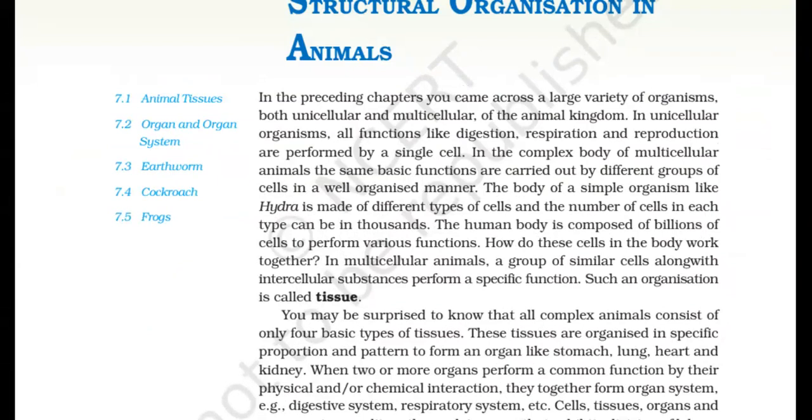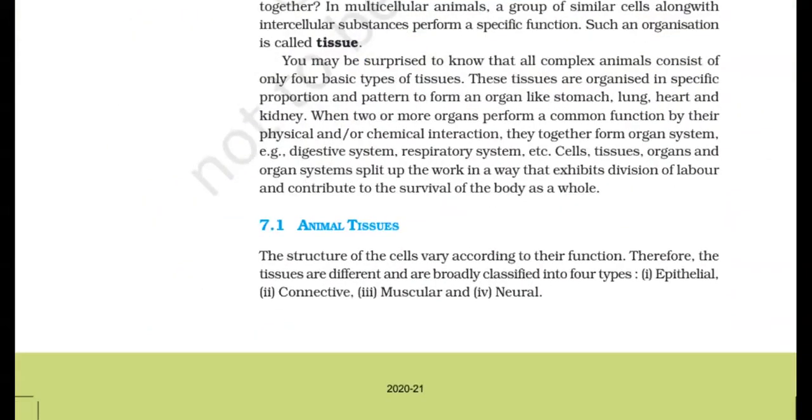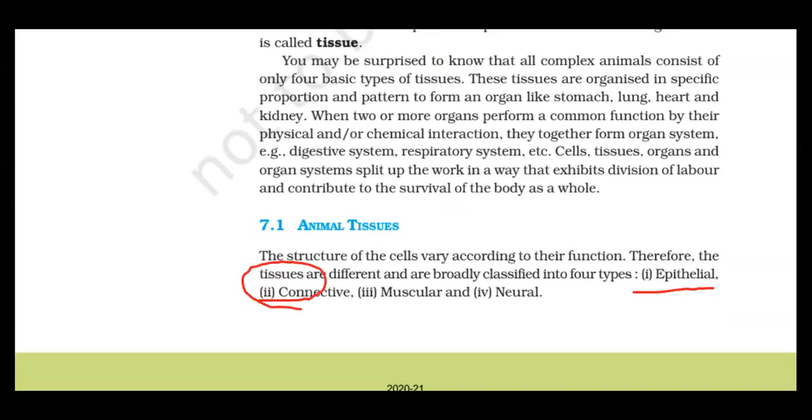Especially there are four types of tissues: epithelial, connective, muscular, and neural tissue. These are the four types of tissues we have. Now we are going to discuss each and every tissue in detail and their types.